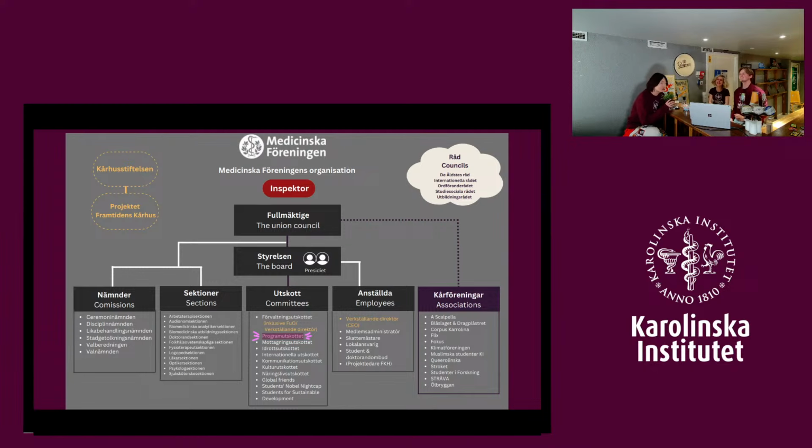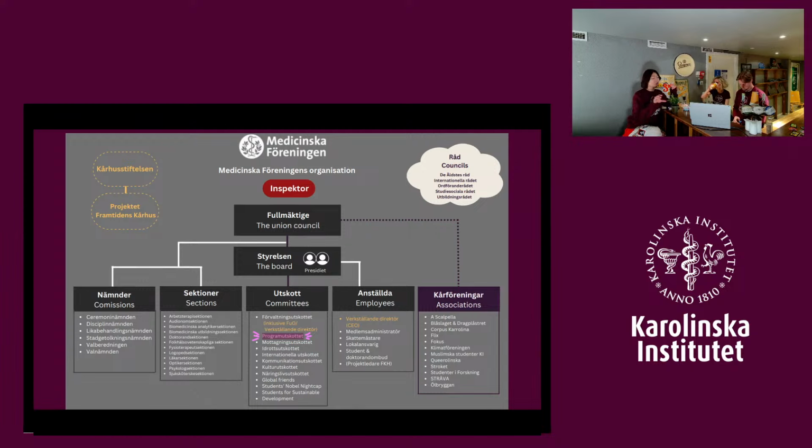We're currently situated at Medicinska Föreningen, which is the medical student union's union house on campus here at KI in the Solna campus, one floor down from the main entrance at the pub area, where myself and also Julia have been a part of this committee called PRU, which stands for the Event Committee or Programutskottet in Swedish, where we organize Friday pubs as well as set up different external events for students on campus.